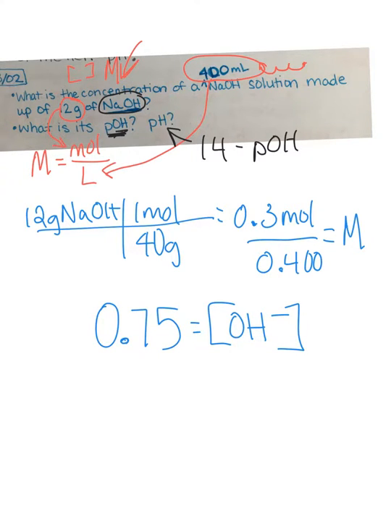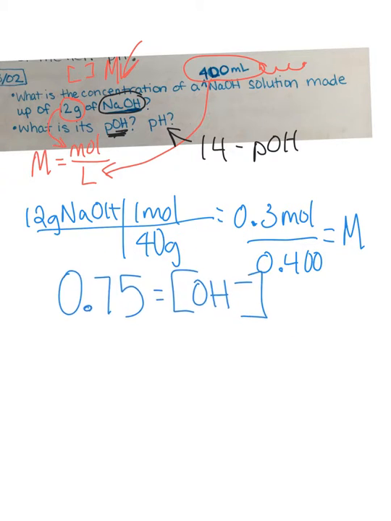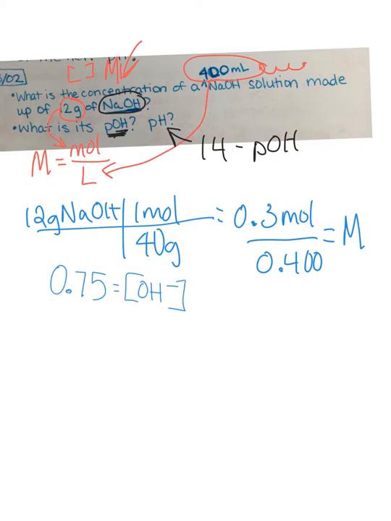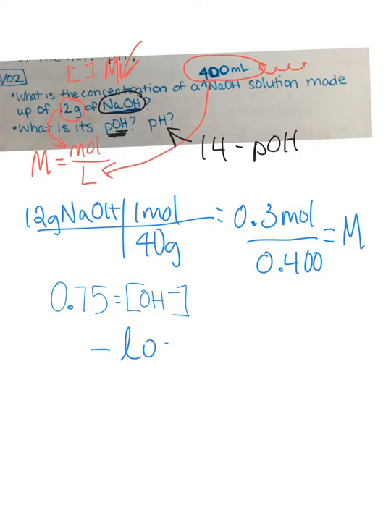Okay? So what we can do with that information, let me shrink it, I wrote that really big. What we can do with that information is we throw it into the negative log. pOH was equal to the negative log of that 0.75, and you got something like 0.125, correct?